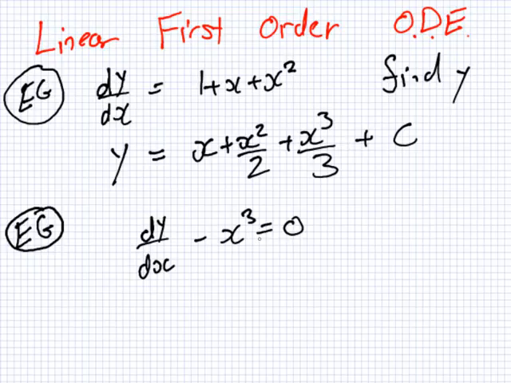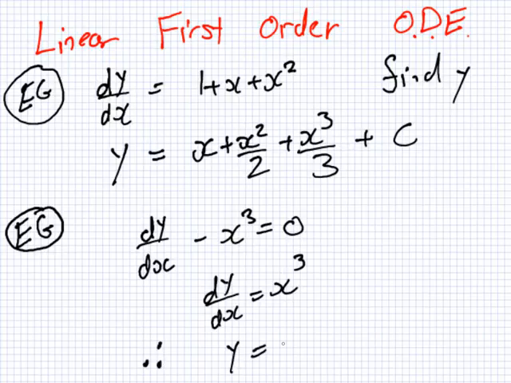So what would you need to do here? Just change it to the other side? Yeah. So you have here the derivative is equal to x cubed. Therefore, the antiderivative will be 1 over 4 x to the 4 plus c. So this is kind of the basic idea. Let's look at something more difficult.